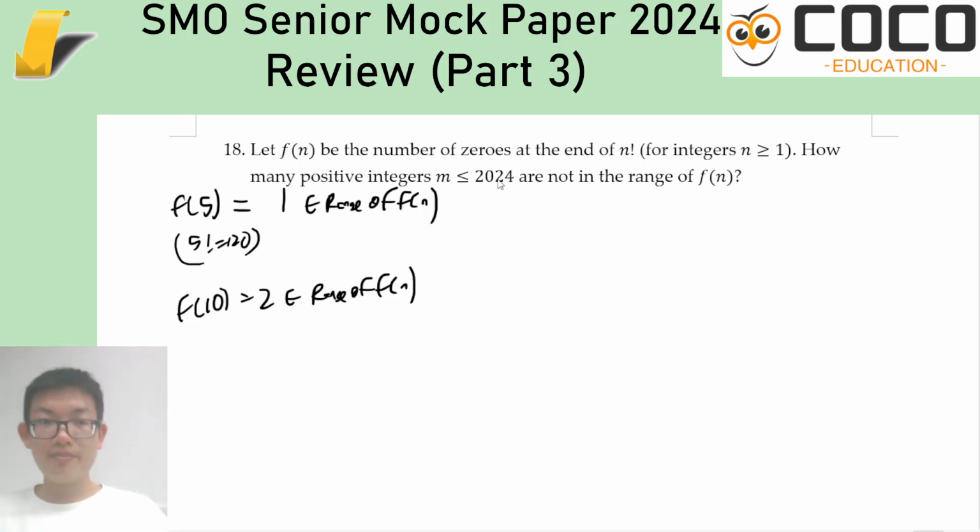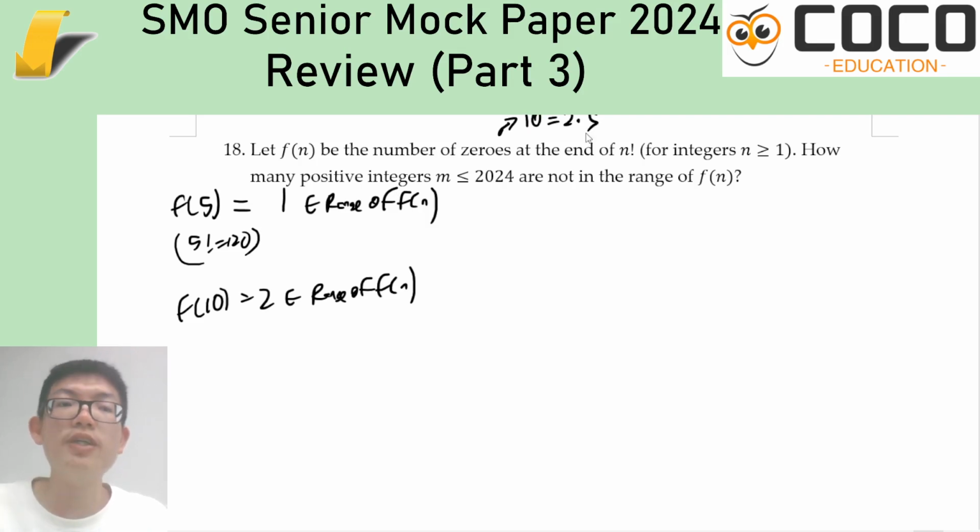Well, here's the idea. The idea is that the number of zeros is the number of tens. The number of tens depends on 2's and 5's, and we have more 2's than 5's in a factorial. So each time you hit a multiple of 5, you are going to increase the number of zeros.